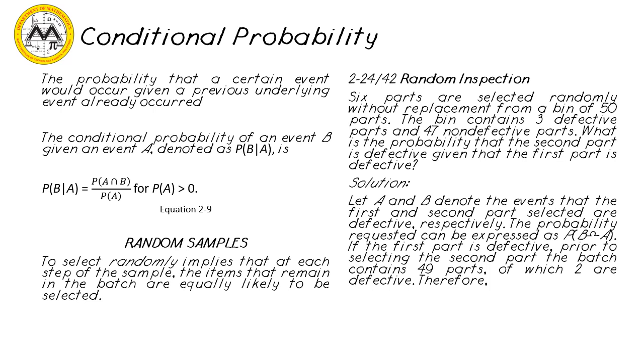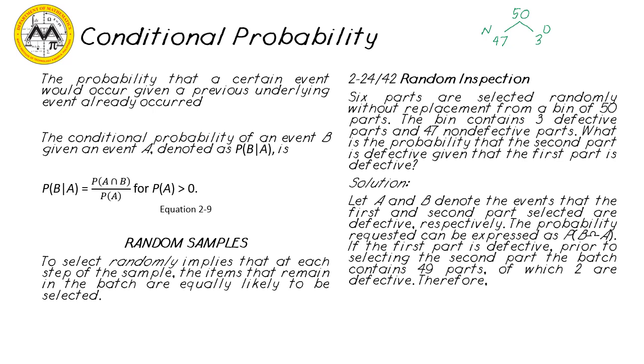So for this one, we have 50. This is divided into 2 parts, the 47 part and the 3 parts. So this is the non-defective, this is the defective.